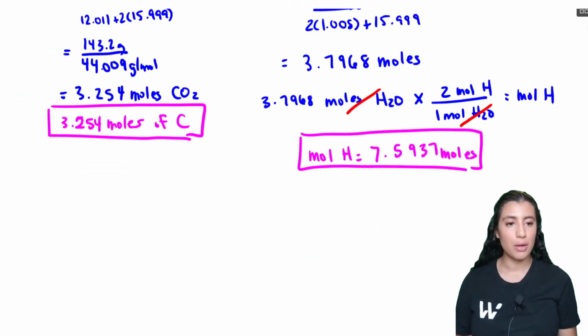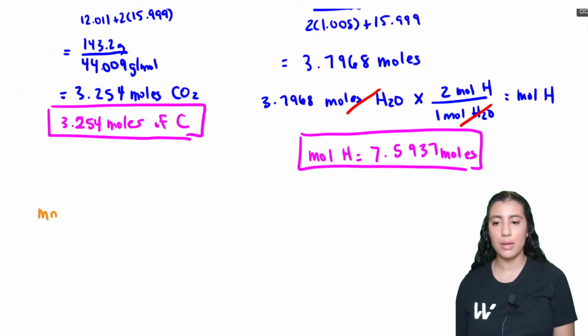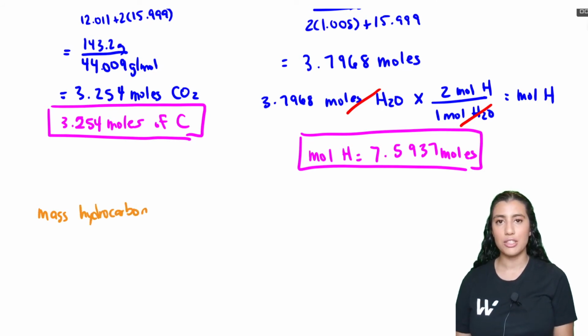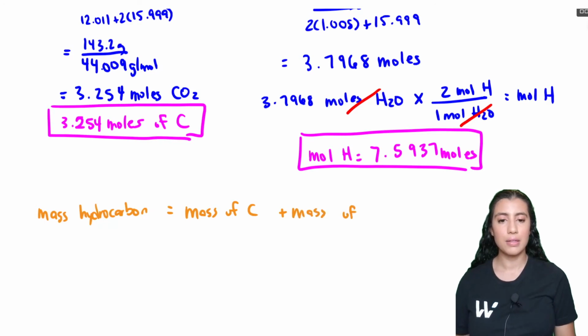So just to make sure that we're all on the same page, this is what I'm doing. I'm using this calculation. The mass of the hydrocarbon, which again is made up of carbon, hydrogen, and oxygen, is equal to the mass of carbon, the mass of hydrogen, and the mass of oxygen.